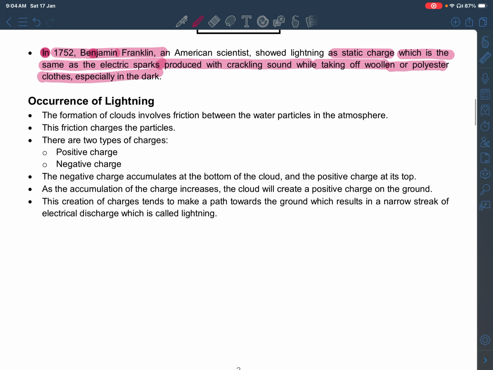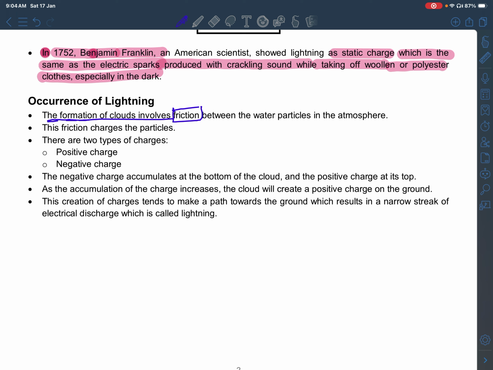So now the question is how the lightning occurs. This is the most important question. Now the occurrence of lightning, the formation of cloud. The first point: the formation of cloud involves friction, the first keyword.